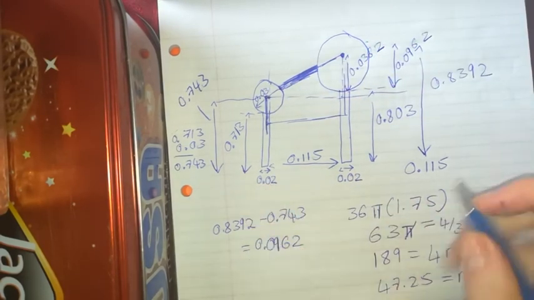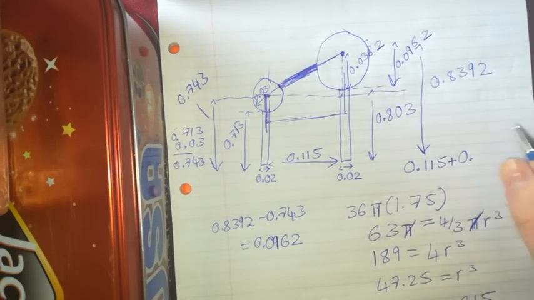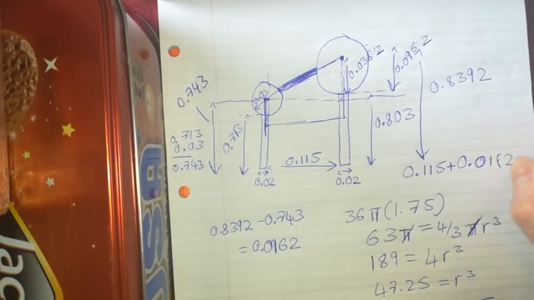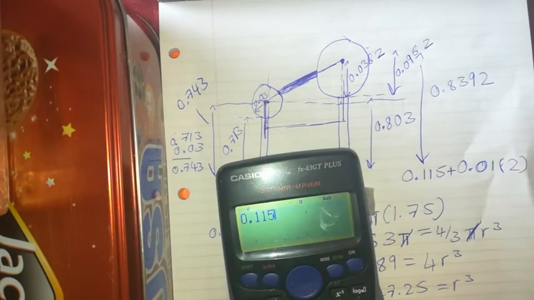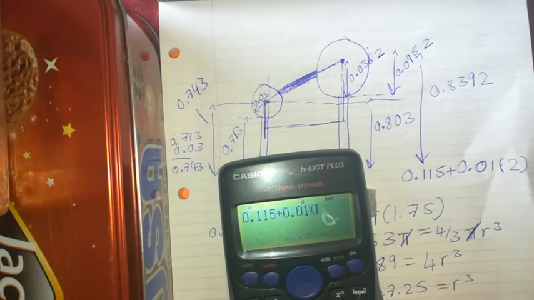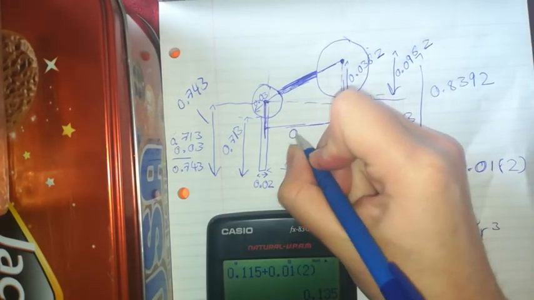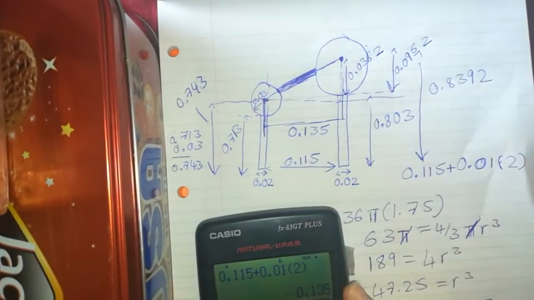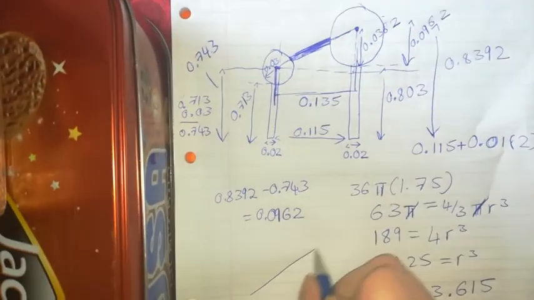So 0.015 plus the radius of the cylinder, 0.01 by 2. So it's going to be 0.115 plus 0.01 by 2, and this length here is going to be 0.135. Now I have a right angle triangle.